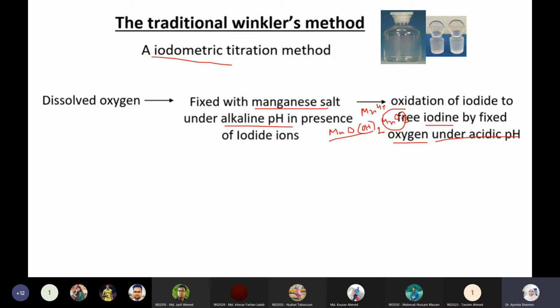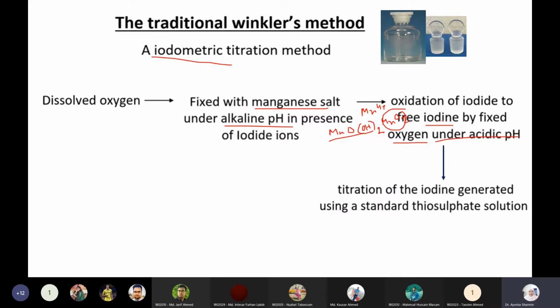So the amount of oxygen fixed will transfer into an equivalent amount of iodine. Then you do the simple iodometric titration with the thiosulfate, as we have done already. You titrate the produced iodine, which is equivalent to the oxygen present in the water.